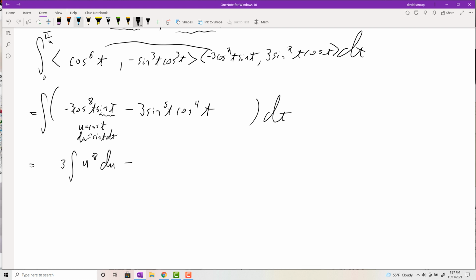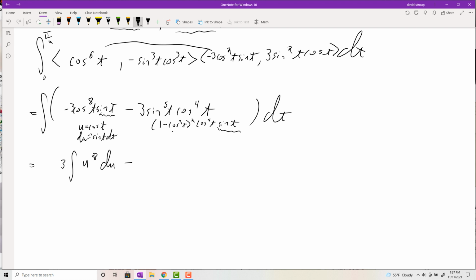This time on this one, you have to push back one factor of sine. You'll end up with 1 minus cosine squared t, squared, times cosine to the 4th t times sine t. Then you let u be cosine again, and du will be negative sine, so this part will go away.